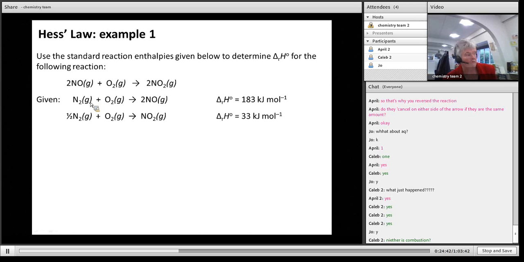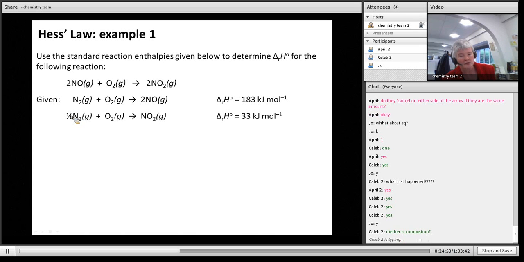No, this one is not combustion either, because although it's forming NO2, I haven't got a 1 in front of the nitrogen gas. I've got a half. So it's not the equation for a heat of combustion of nitrogen either.